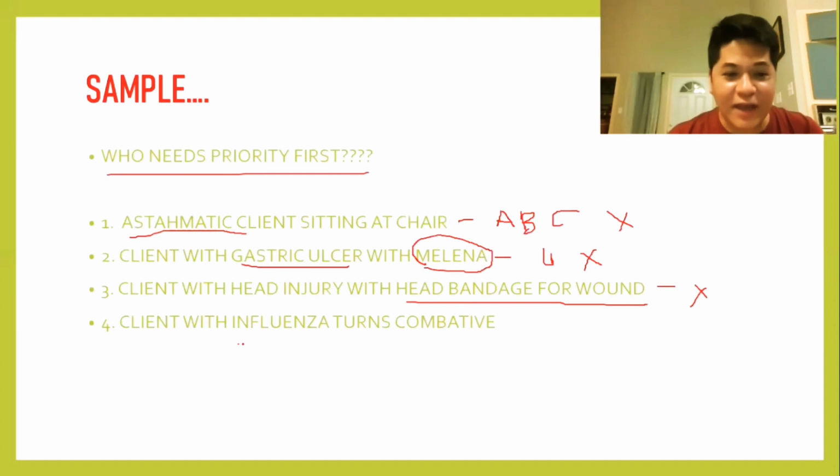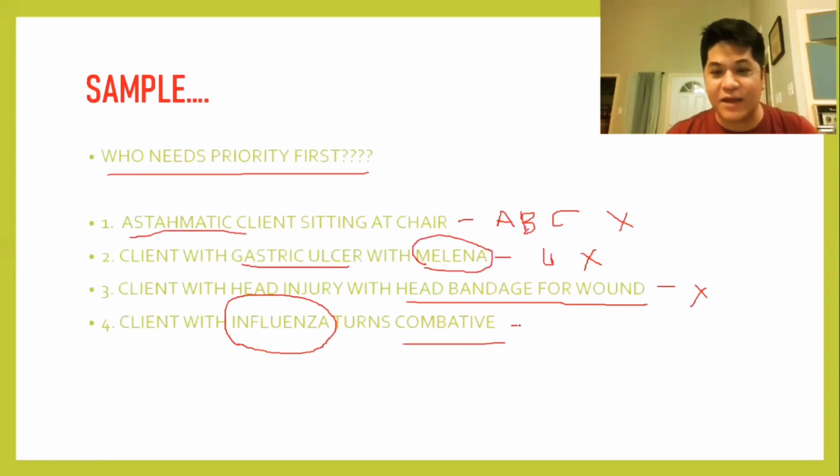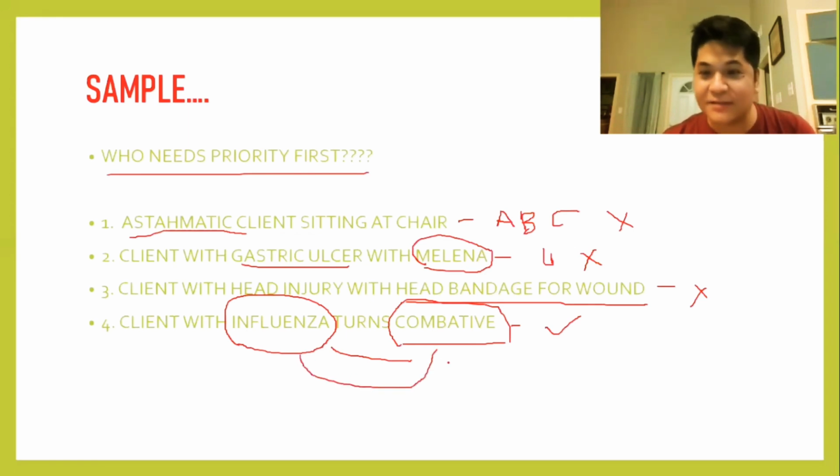The client with influenza has the flu, and suddenly turns combative, like there are changes in behavior. He's fighting for his life, or probably the airway or breathing is a problem. So this will be our priority, because combative means there are unusual symptoms, there's a complication, so that will be our answer. That is your number 4.